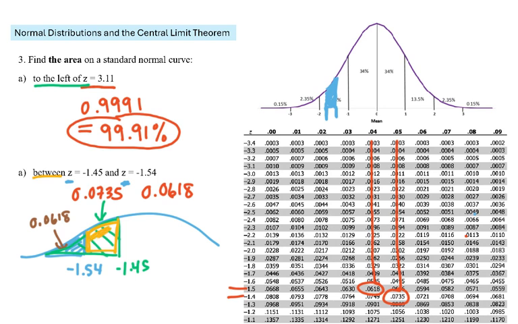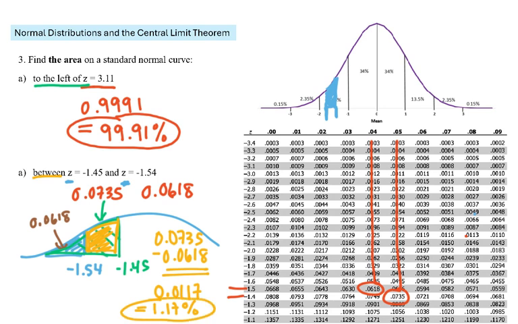So whenever you have that, you must always subtract the bigger number minus the smaller number, 0.0735 minus 0.0618, and we get the area in between. After I calculate, I get 0.0117, which is 1.17% of the data that would fall between those two z-values, which represent 1.54 standard deviations lower than the mean and 1.45 standard deviations lower than the mean.